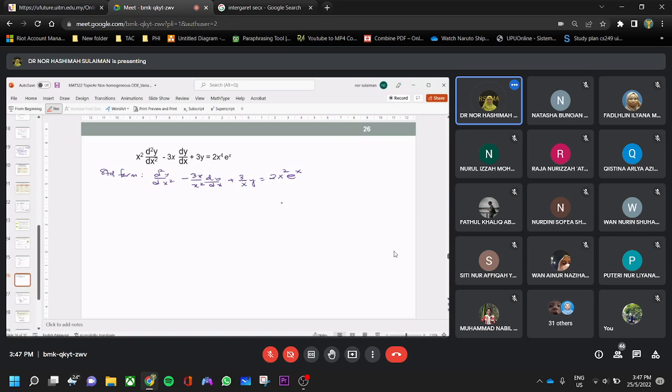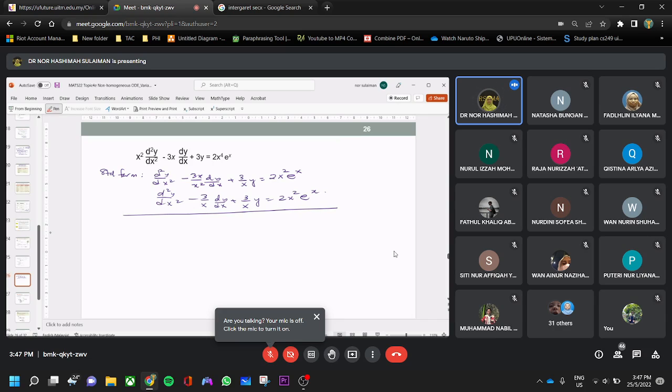Betul? Betul tak? Kan? Okay, ini standard form lah. Kita biar je macam ni dulu. Okay, so yang pertama adalah nak cari YC. Nak cari YC, kita boleh tuliskan X kuasa 2.